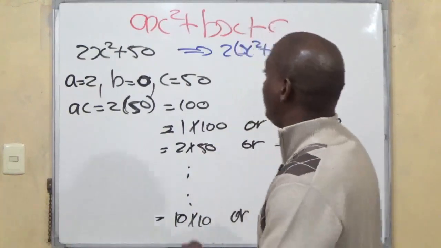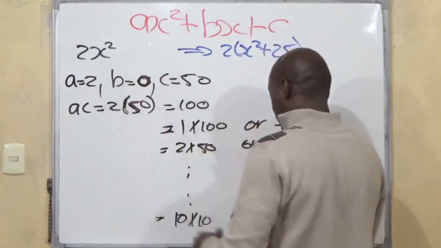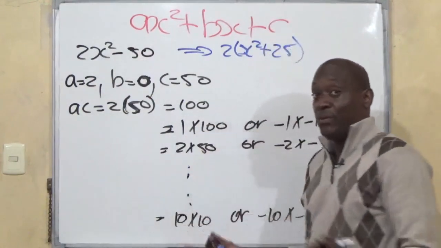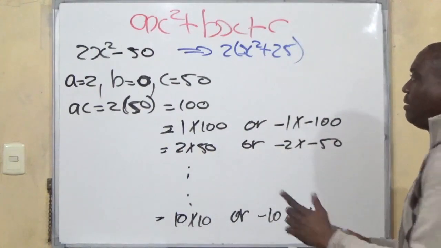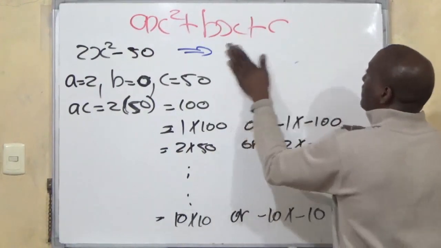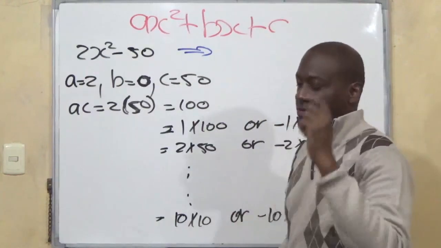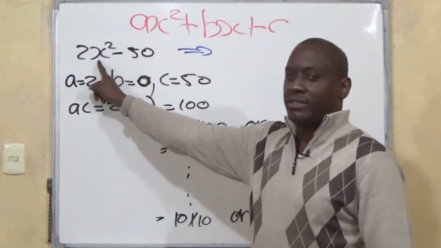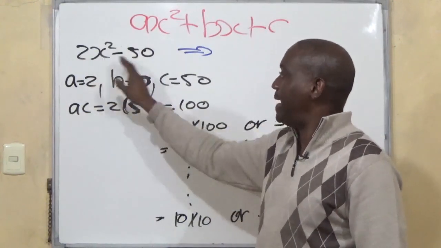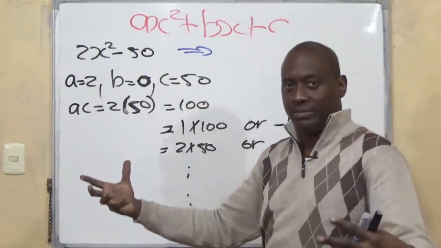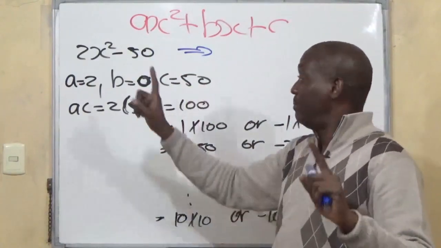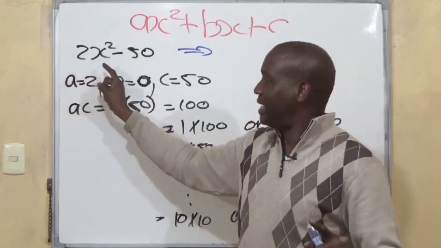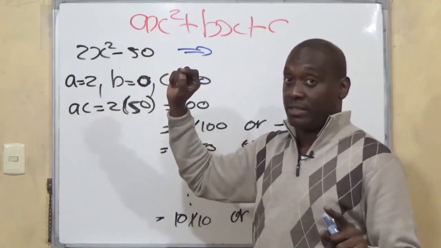Right? Pay attention. Because 2x squared minus 50, if we were to factorize using the normal method of factorizing a bivariate, not a bivariate, I'm getting confused with binomial and bivariate. Univariate, one variable, binomial, two terms, because these two terms give you the whole expression when they are connected by the operation of subtraction, right?